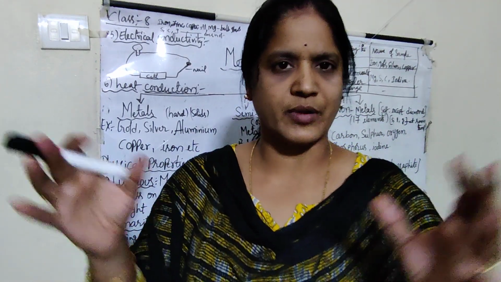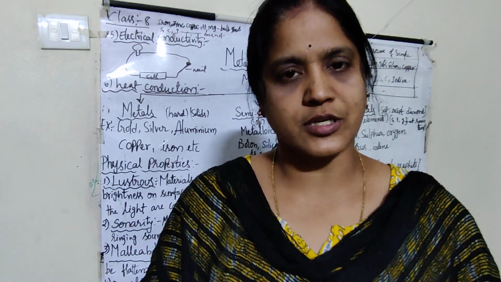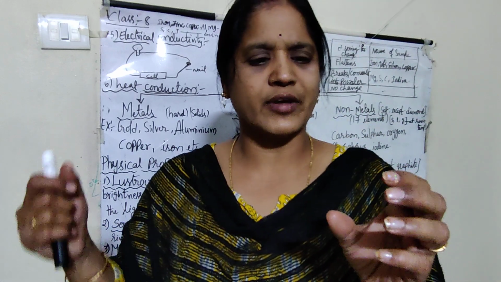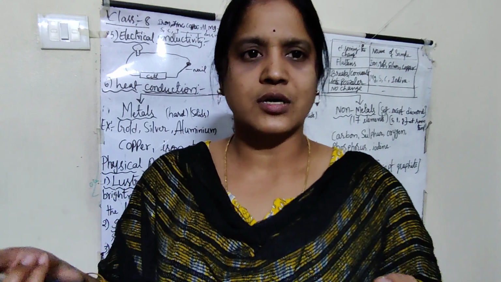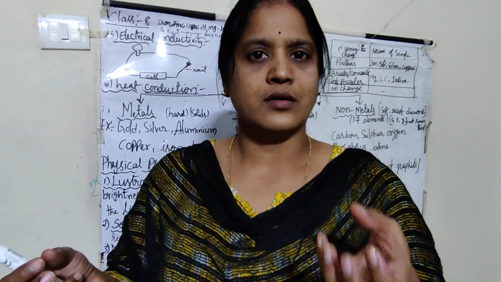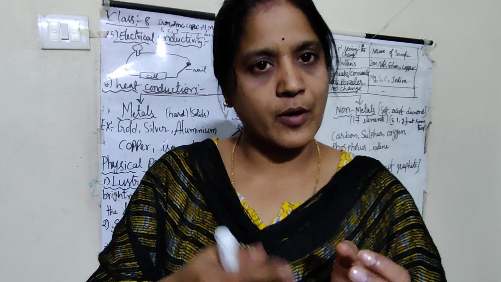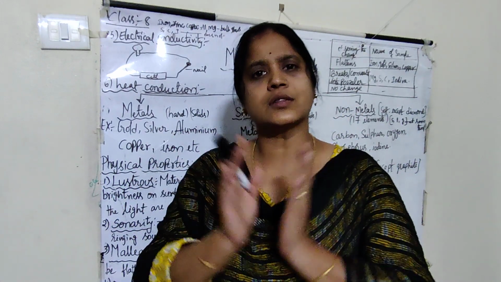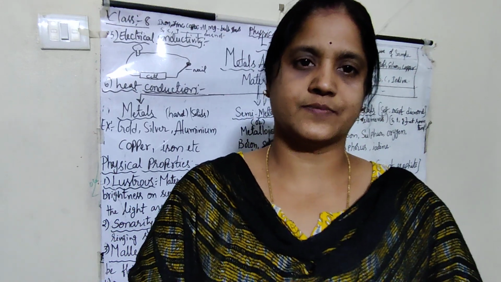You collect different materials and find out which of the materials are reflecting and which are not. Suppose you take coal, when light falls on the coal, does light reflect from it? No. You take some sulfur powder or magnesium powder, when light falls on that powder, does light reflect? No, it is not possible. So almost all the non-metals are non-lustrous.